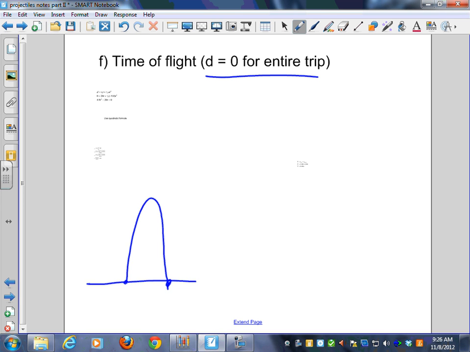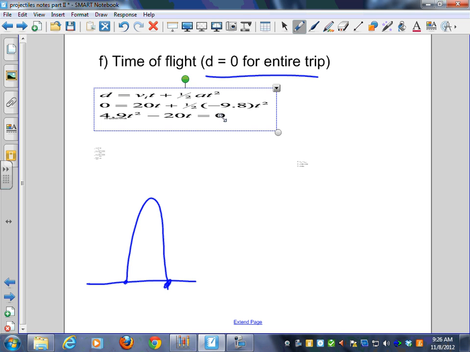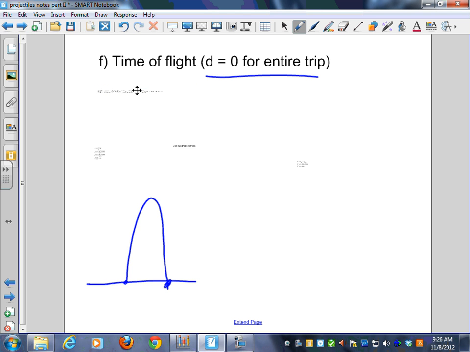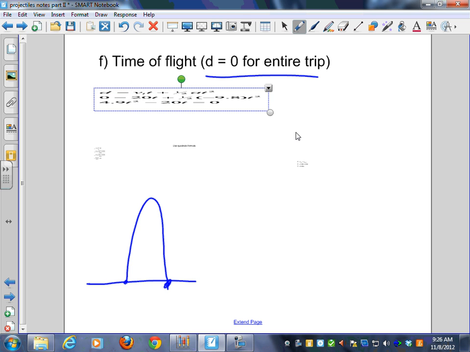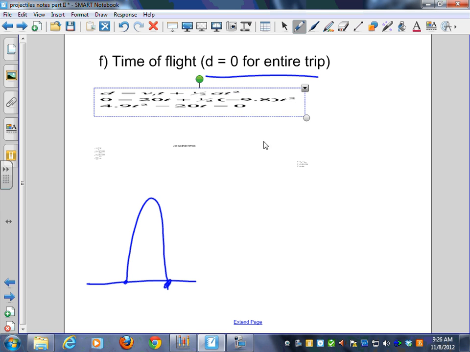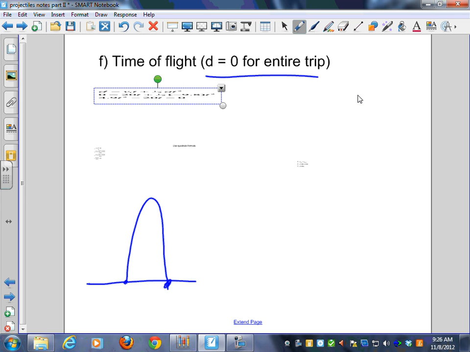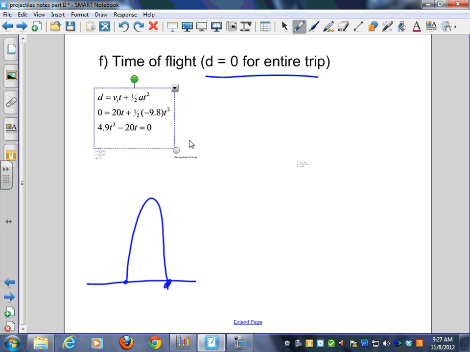So the displacement is equal to 0. One way to do that is to say that the displacement is 0: my VI is positive 20, t plus 1/2 minus 9.8 t squared.